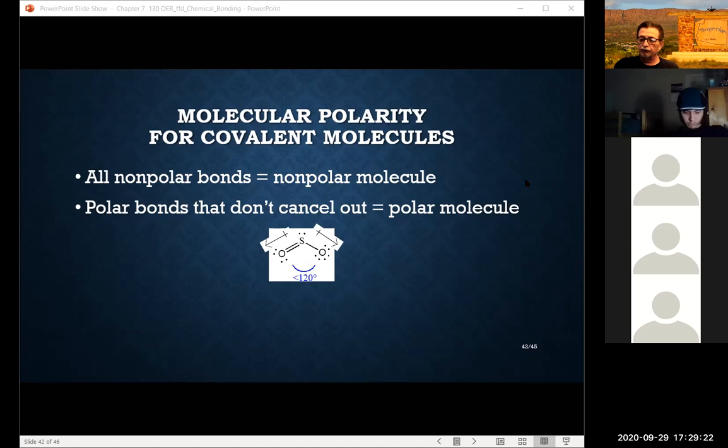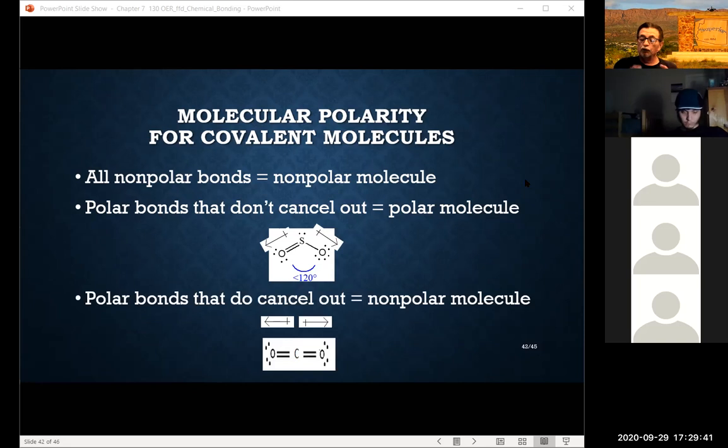We had the example of sulfur dioxide, where those arrows don't cancel out, because even though they're going in opposite directions, mathematically they're not going in the exact opposite direction like carbon dioxide was. When the polar bonds do cancel out, like carbon dioxide here, then you end up with a non-polar molecule. So the point here is, yes, you can have a non-polar molecule with polar bonds. Carbon dioxide is an example.